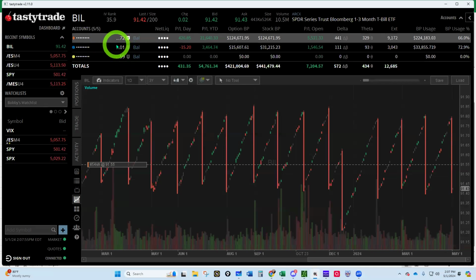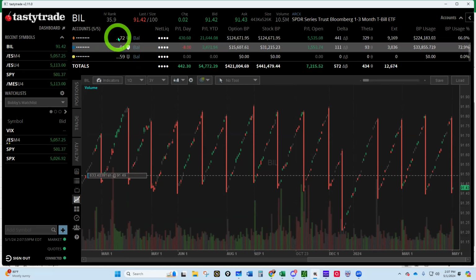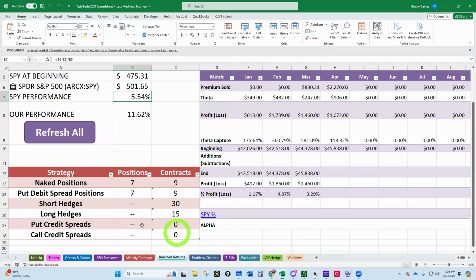Let's see. I think it's this one. So this account, let's see how much we got in here. I think it's 45 something. We're at 47,116. So let's see what that looks like. 47,116.